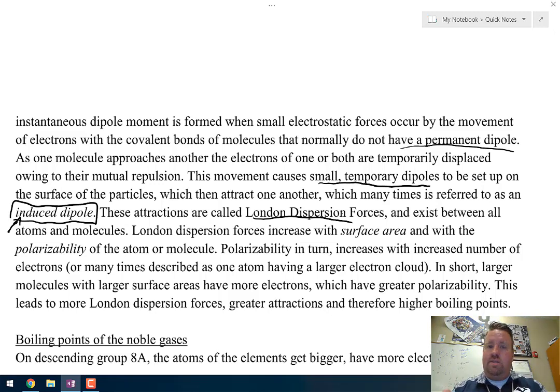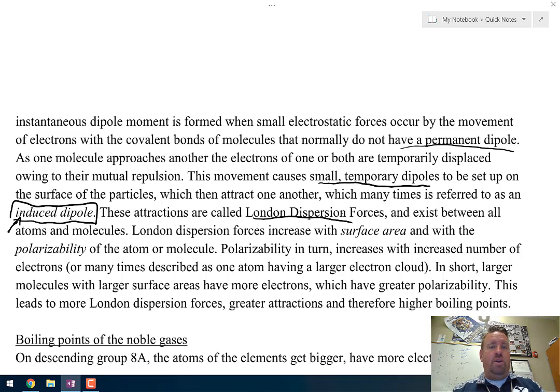What that means is that if the molecule is nonpolar, then it only experiences London dispersion forces. If the molecule is polar, it experiences London dispersion forces and possibly some other types of intermolecular forces as well.